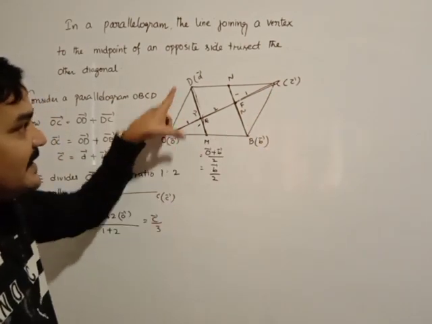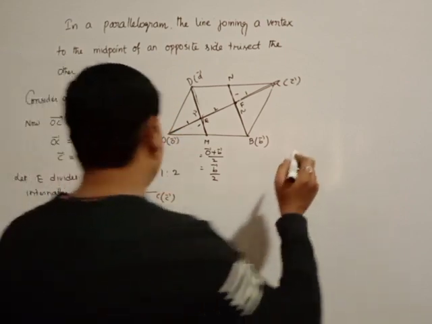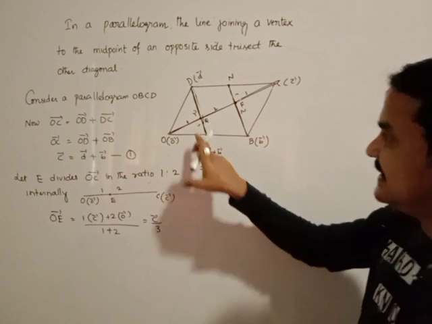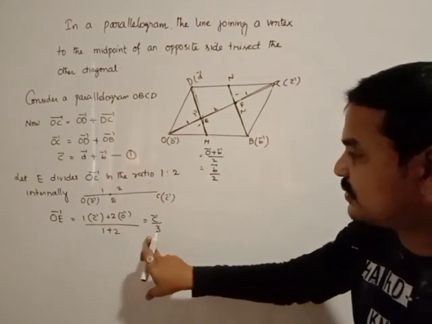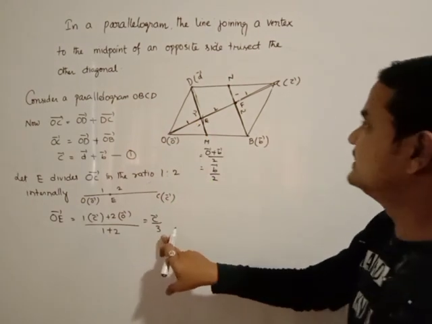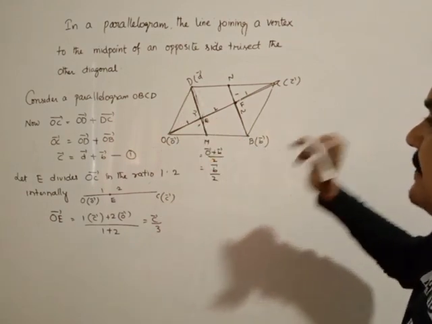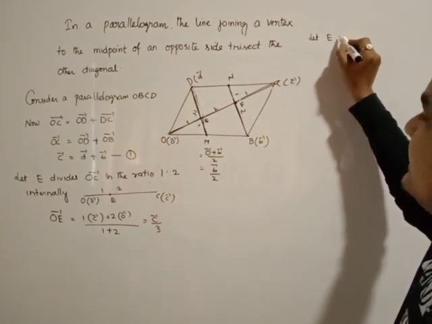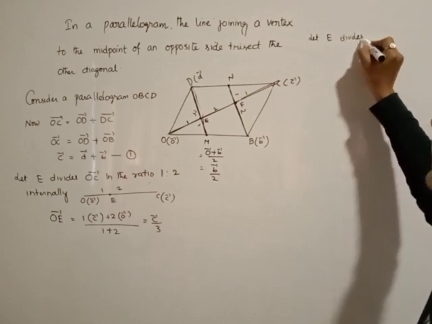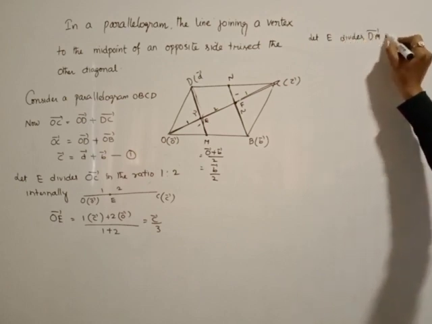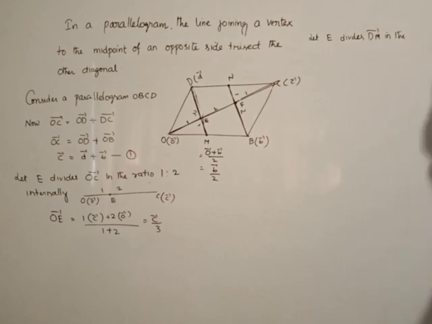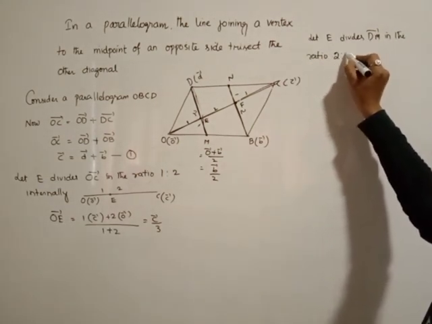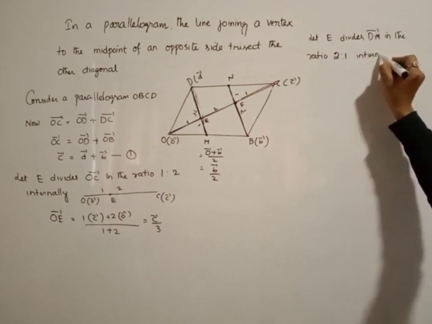Now from DM, similarly, let E divide DM bar in the ratio 2:1 internally.